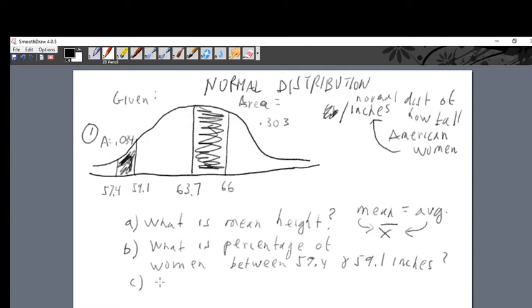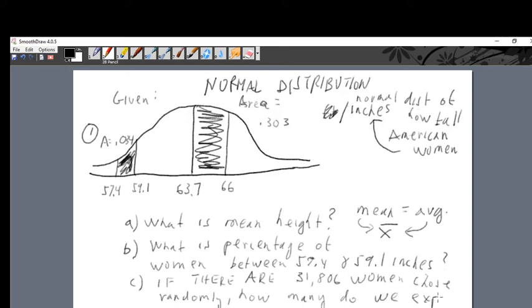C. If there are 31,806 women chosen randomly, how many do we expect to be between 63.7 and 66 inches?